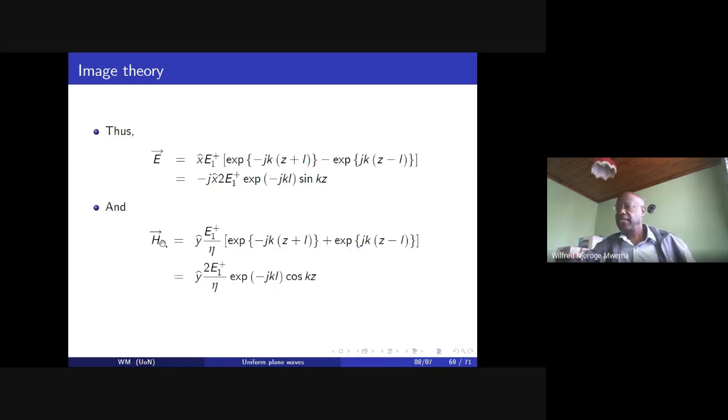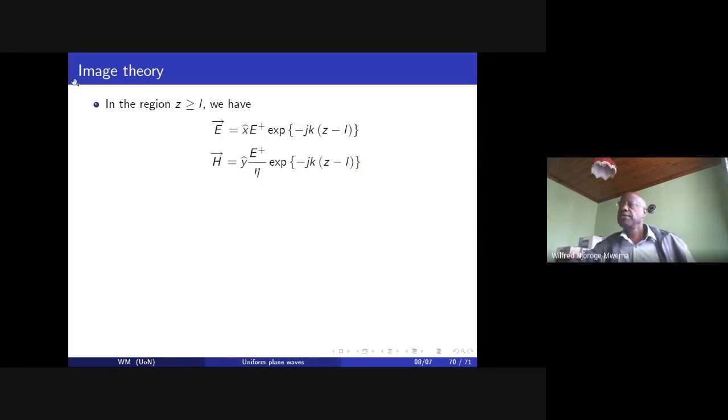And the H will be given by that equation with the exponent of minus JKL, the cosine of KZ. Before, of course, we didn't have this value, but now we are already expressing the actual amplitude that we got before. So in the region beyond Z equal to L, we have E given by E plus exponent of that, and H equal to E plus over eta, multiplied by that equation there.